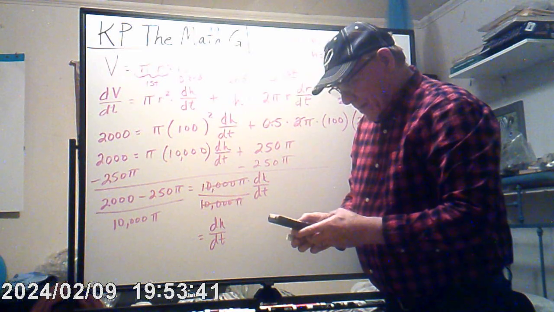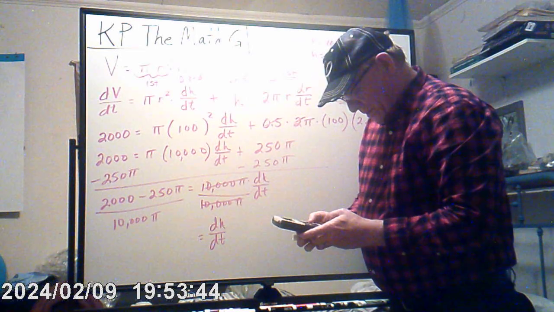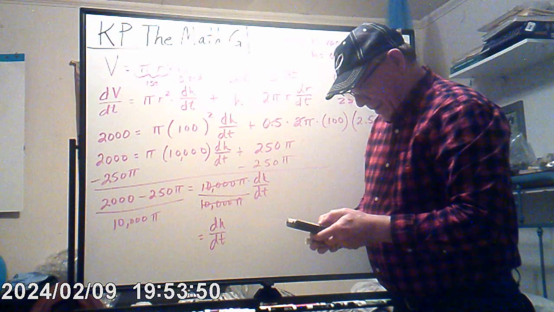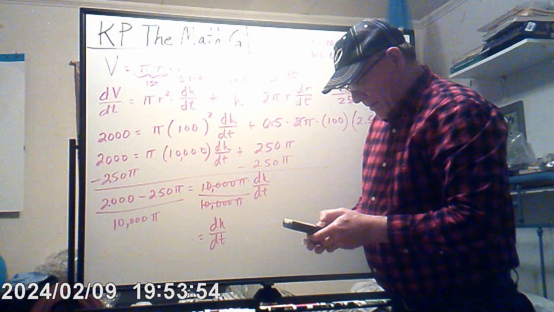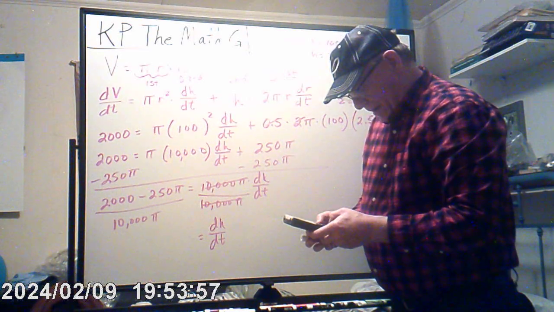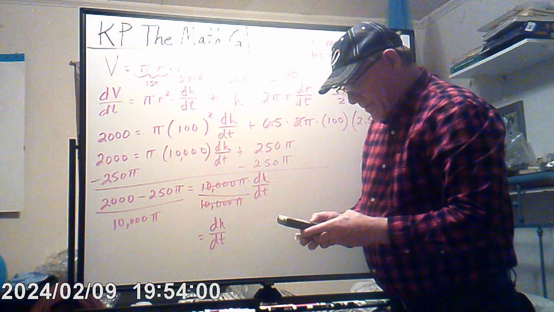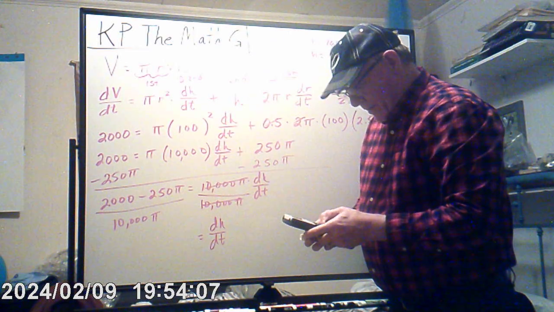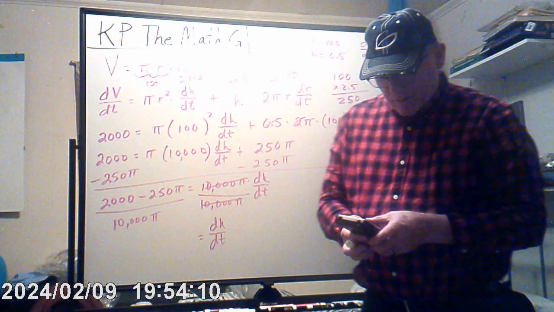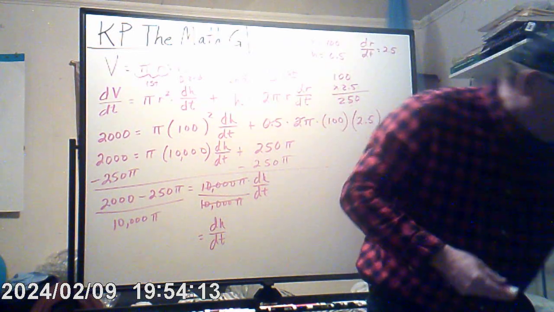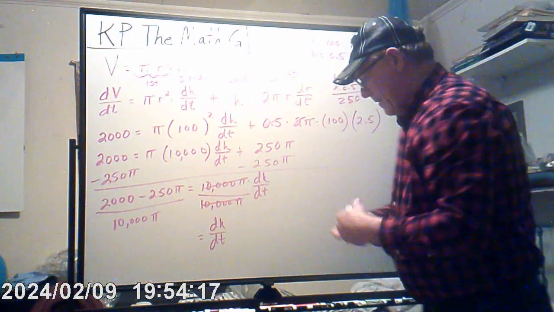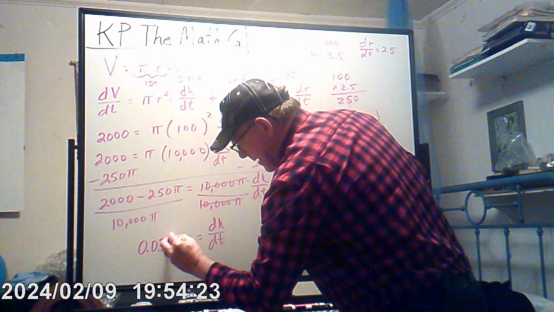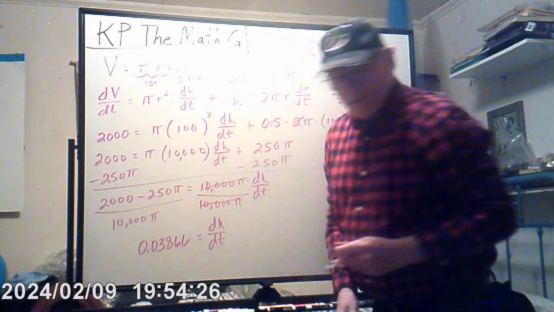So anyway, 2,000 minus 250 pi, divided by 10,000 pi. Alright, 0.03866. It goes on.